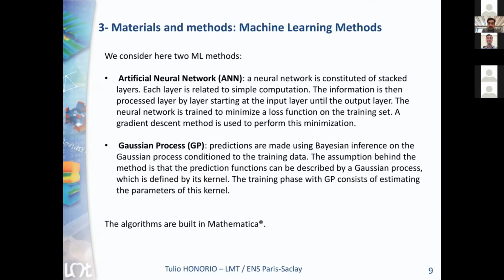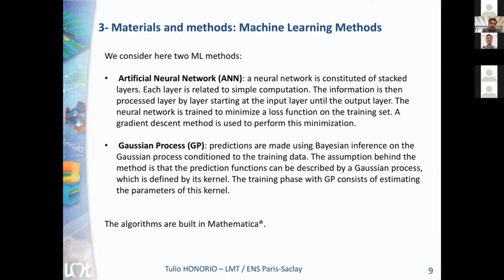Then the methods for machine learning, we adopted 2 methods. So artificial neural network and Gaussian processes. We are not looking at how the parameters that we can use for both approaches can affect the estimations. The goal here is not to develop a new algorithm for machine learning, but to apply what already exists.